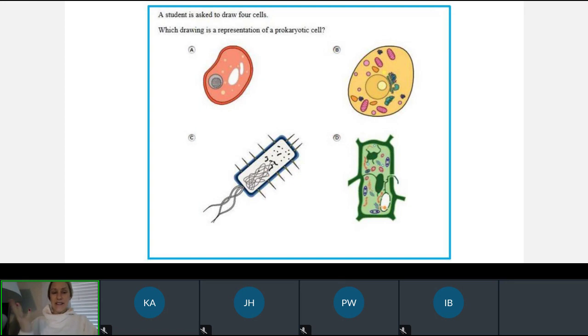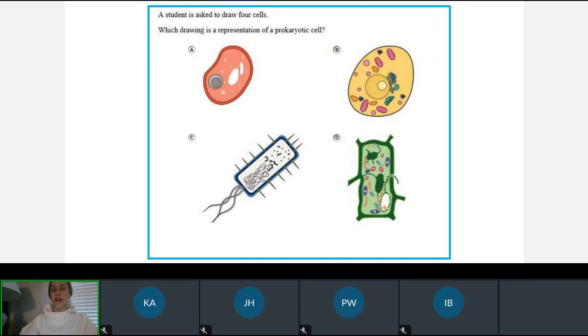What is a prokaryotic cell? We have 2 types of cells, right? Prokaryotic is one. What is the other kind? Eukaryotic, right? What kind of cells are we made out of? Yes.